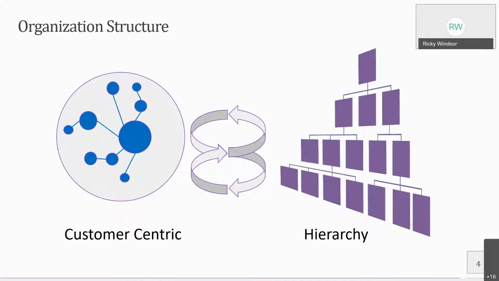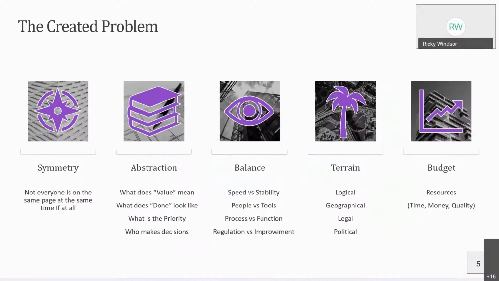So you have this eternal or infinity loop, if you will, that builds one up, tears it down, builds it up, tears it down. This is where we have our created problem. One of the biggest ones is symmetry, which I'm sure most of you are well aware of.